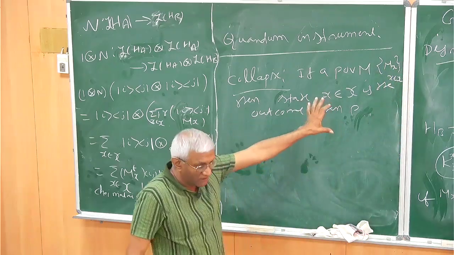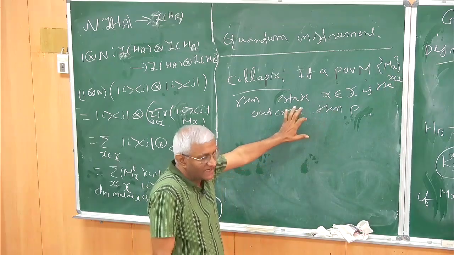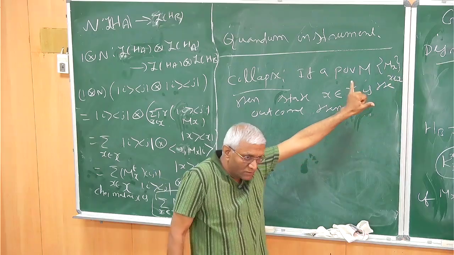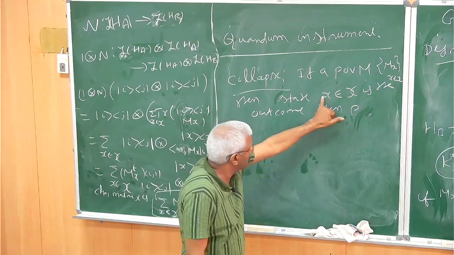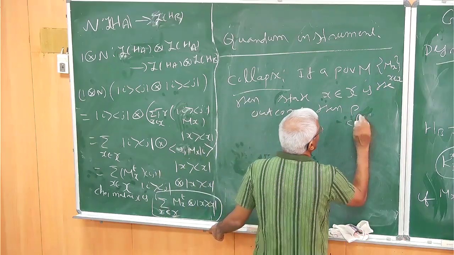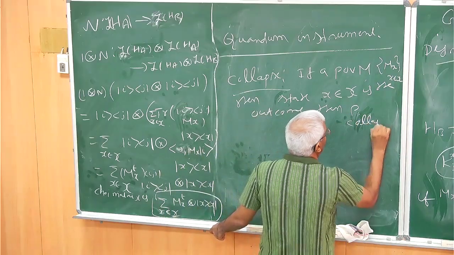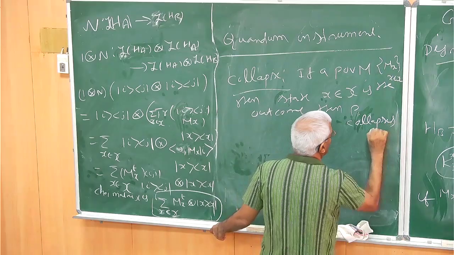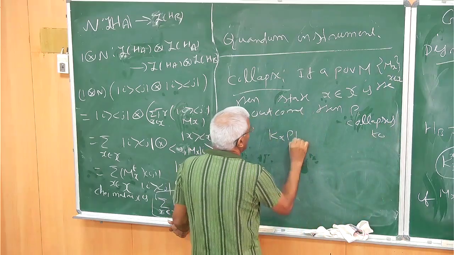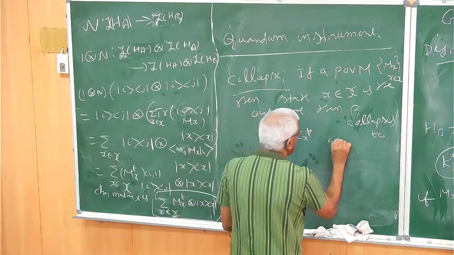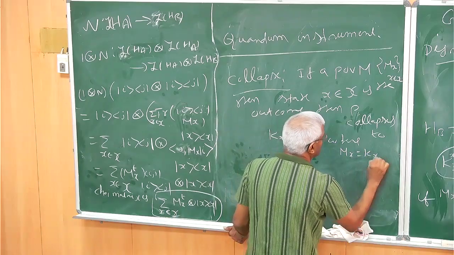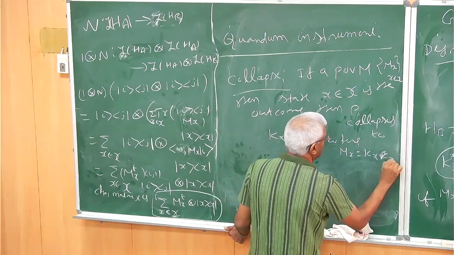We have a collection of positive operators Mx, a finite collection. Then we measure this rho with respect to that POVM, and suppose x is the outcome. Then this rho collapses to Kx rho Kx star, where we have already used Mx equal to Kx star Kx.